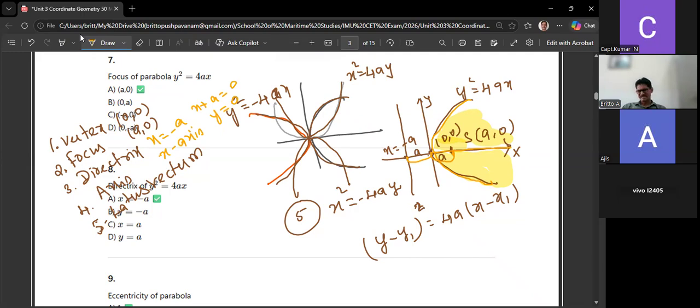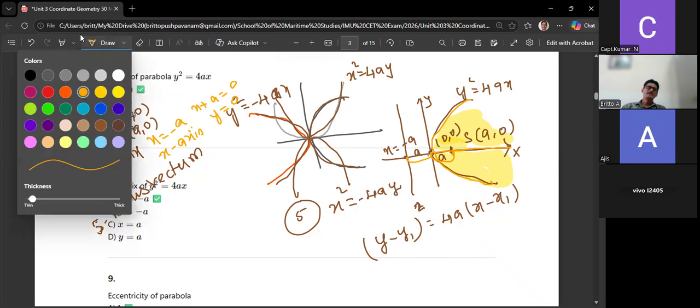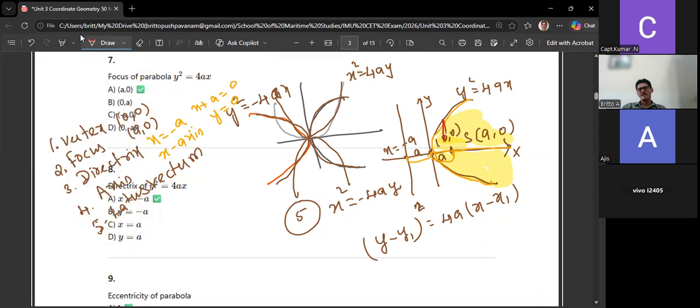Next one, the latus rectum, the last one. The latus rectum is a length, a distance from one end point of the parabola to the other end point of the parabola, and it should pass through the focus.